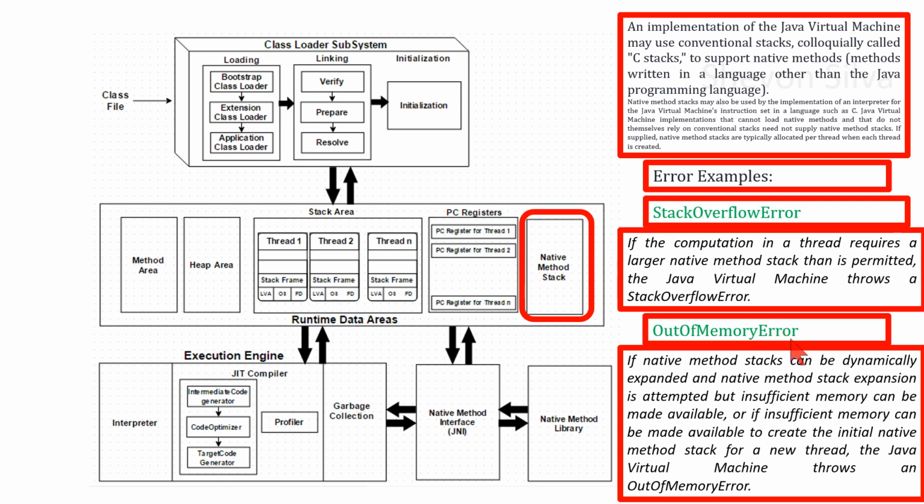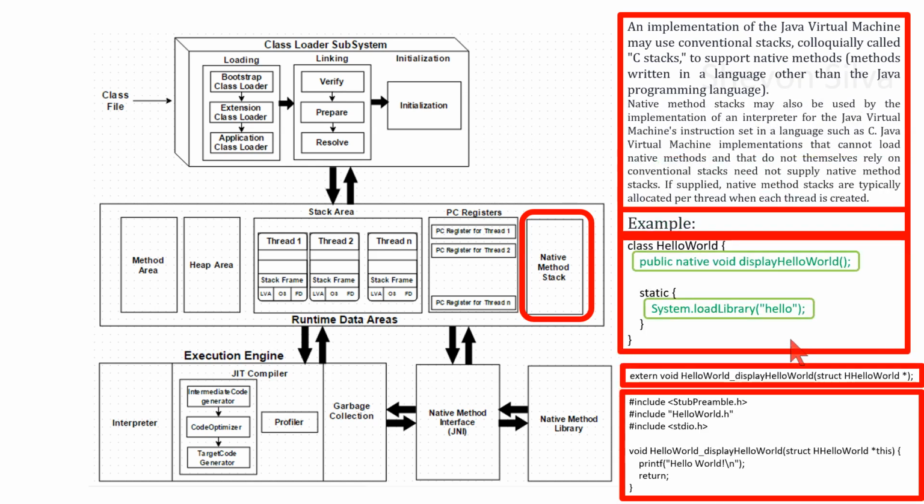If native method stacks can be dynamically expanded and native method stack expansion is attempted but insufficient memory can be made available, or if insufficient memory can be made available to create the initial native method stack for a new thread, the Java virtual machine throws an out of memory error. And here these implementations will be loaded in the native stack.